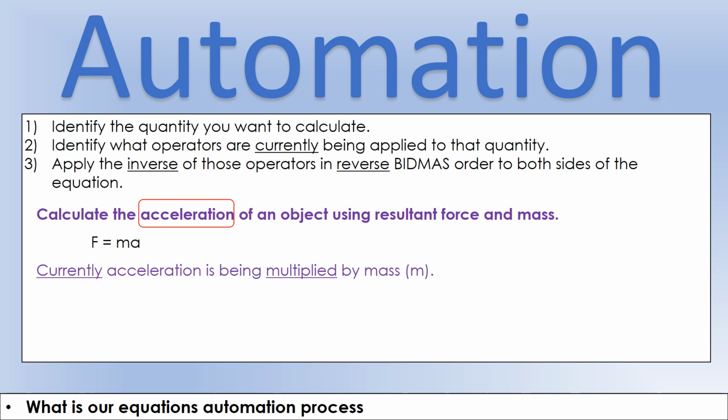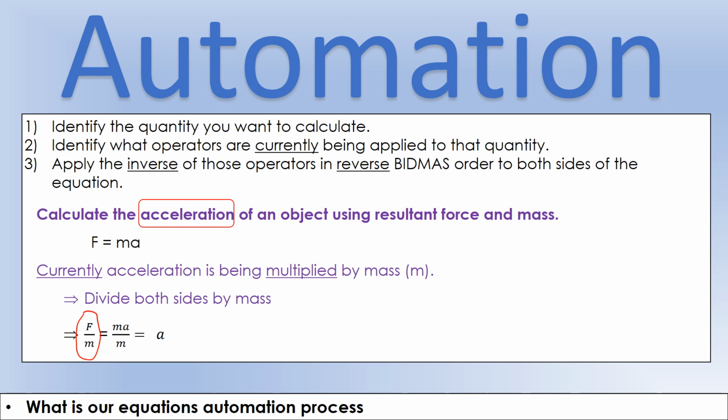Okay, fine. So what we're going to do is the opposite of that. We're going to divide both sides by mass, because that's the opposite of multiplying by mass. So when we do that, we're going to have on the left-hand side force divided by mass, which is what you can see down here on the bottom left. We're going to do the same thing on the right-hand side. So we're going to take mass times acceleration, and we're going to divide it by mass.